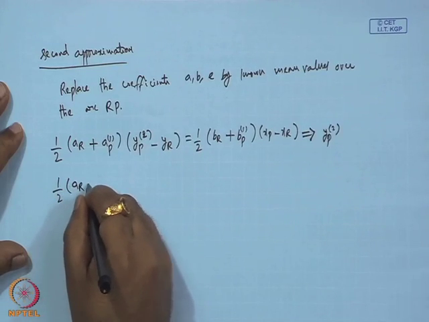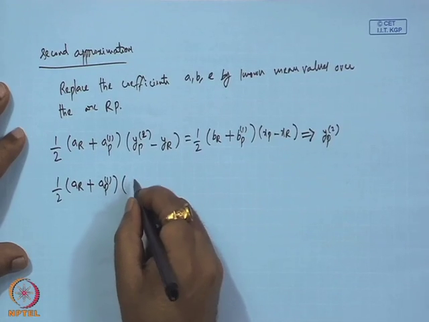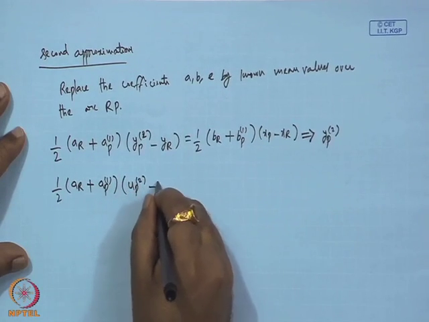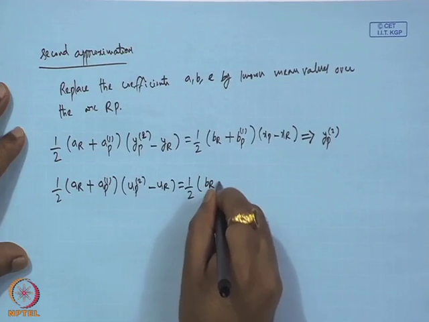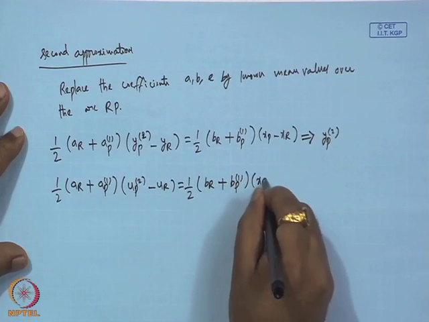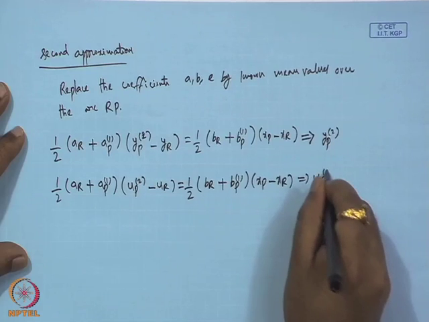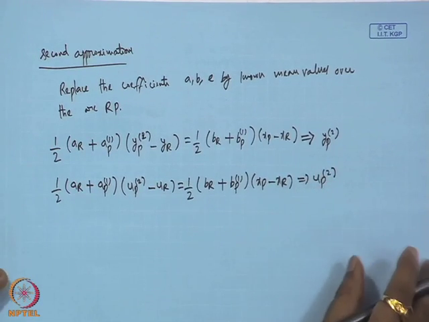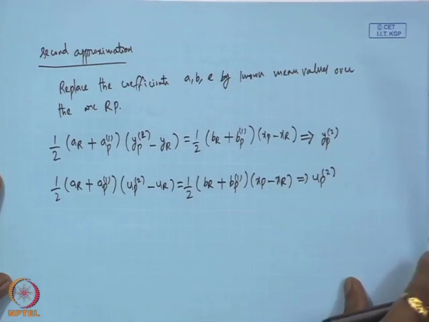Similarly, from here we get u p 2. That is how we compute.